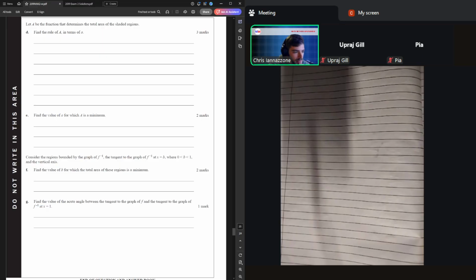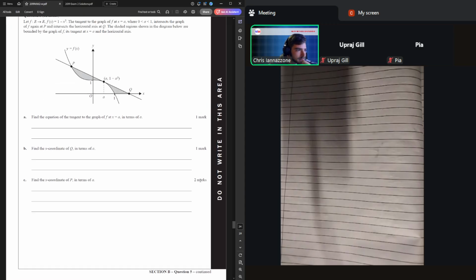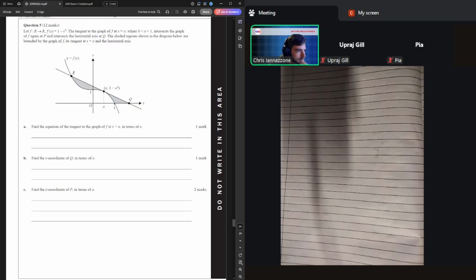When we're doing bound area, one of the important things is to understand that we're essentially always going to be doing integrals of top take bottom. Whatever's on top, take whatever's on bottom. The linear is above the cubic for the entire duration from P to Q. However, what's considered the bottom isn't necessarily always the cubic.